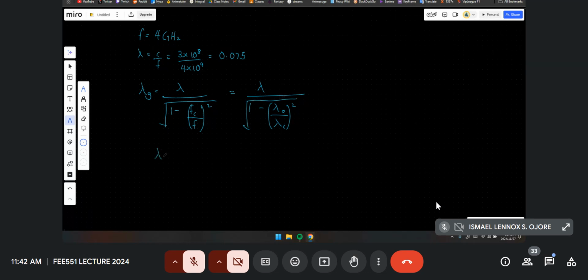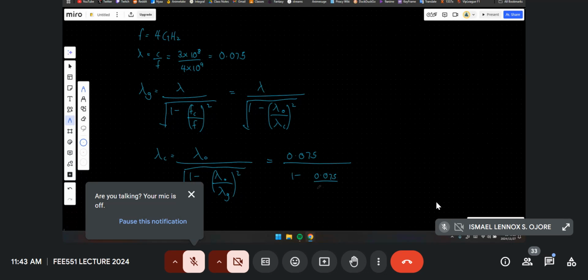So our cutoff wavelength will be our guide wavelength over 1 minus... so we'll have 0.075 divided by... 0.144.